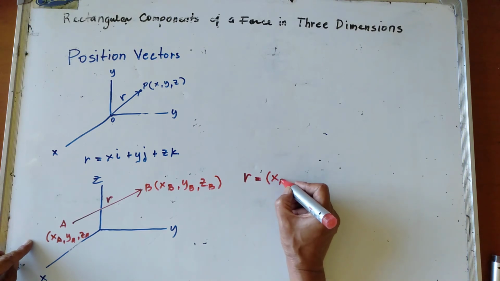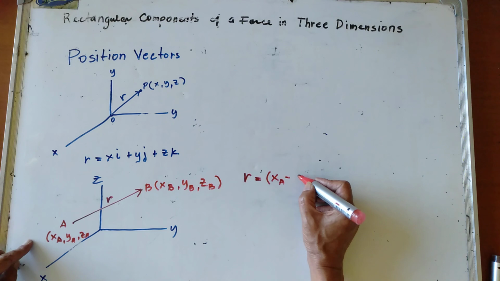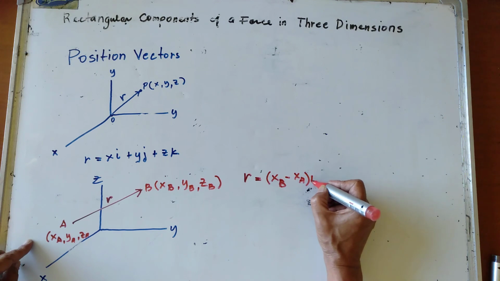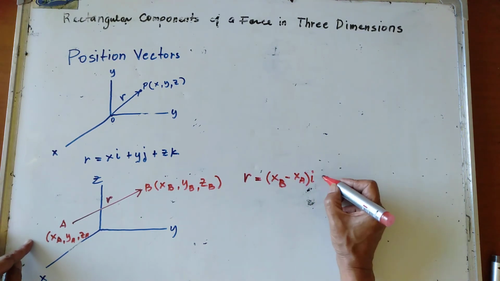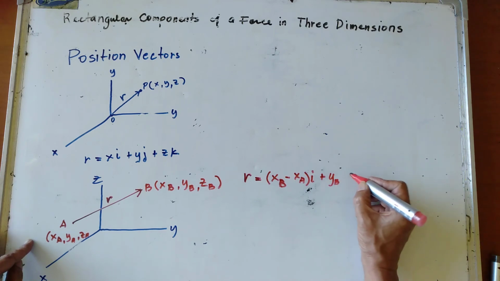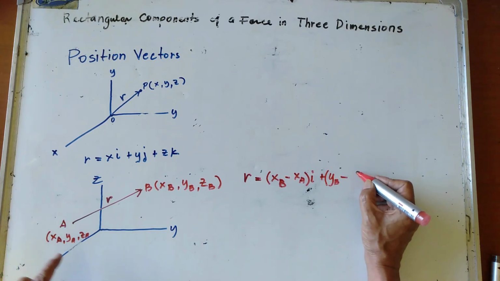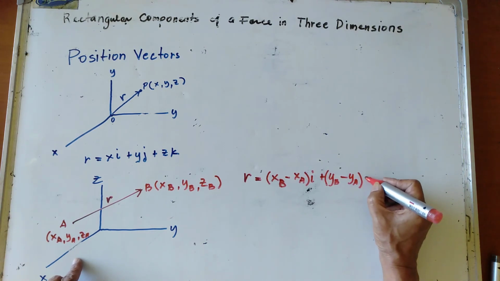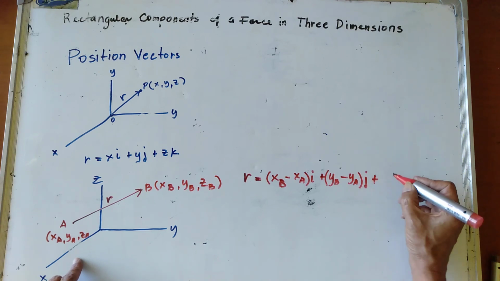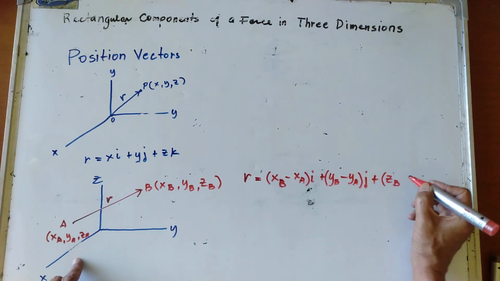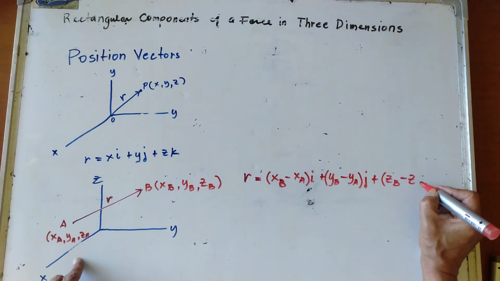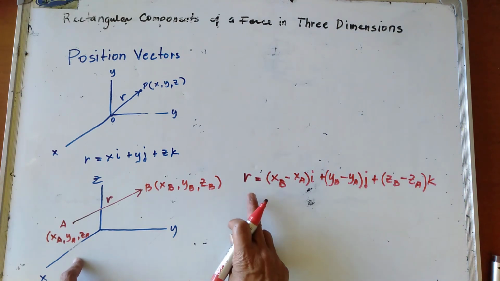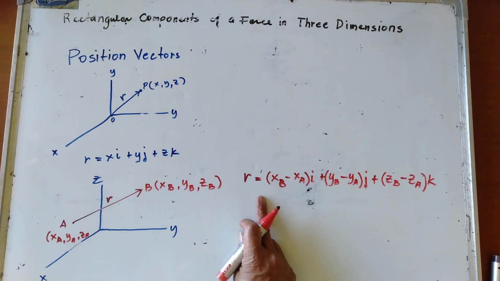That is (x sub B minus x sub A) i, plus (y sub B minus y sub A) j, plus (z sub B minus z sub A) k. So that is the position vector R.